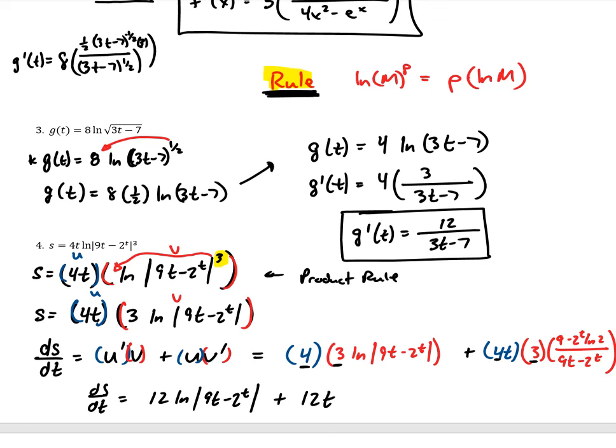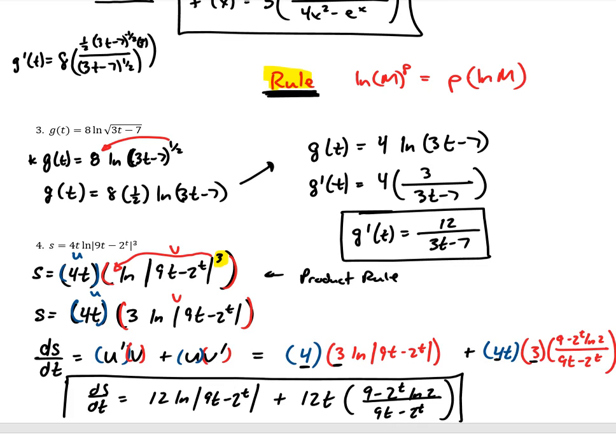So it's plus 12t, and then times this thing in parentheses, the 9 minus 2 to the t natural log of 2 over 9t minus 2 to the t. Okay, and that's it. That's good. We'll be done.